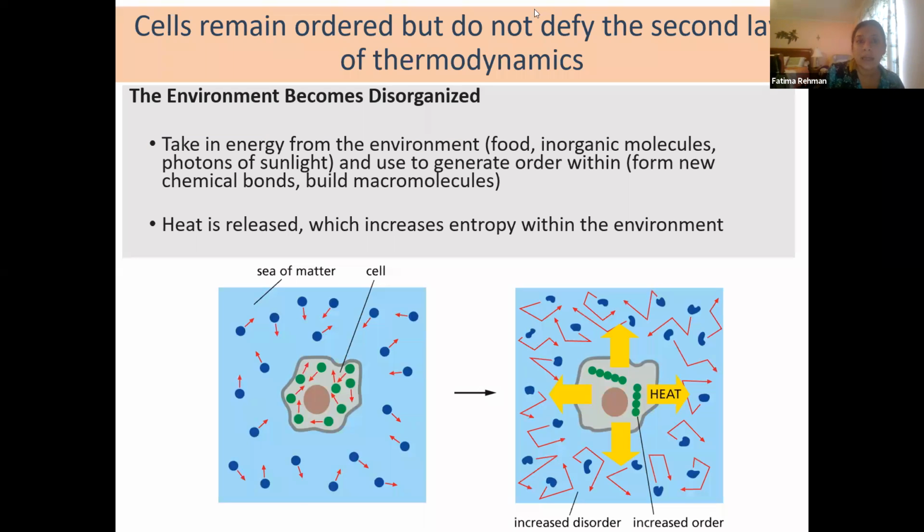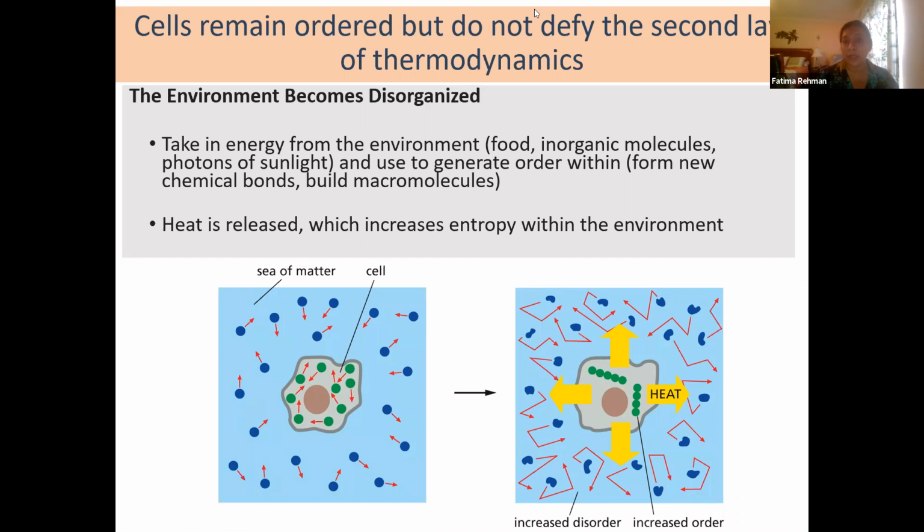So cells, like I said, remain orderly because that's part of living things. However, they don't defy the second law of thermodynamics. They still do that by doing one of two things. One, they release heat as they input energy into a system.